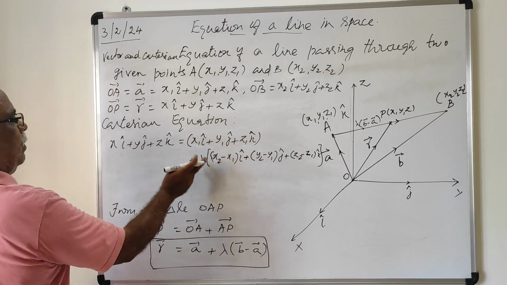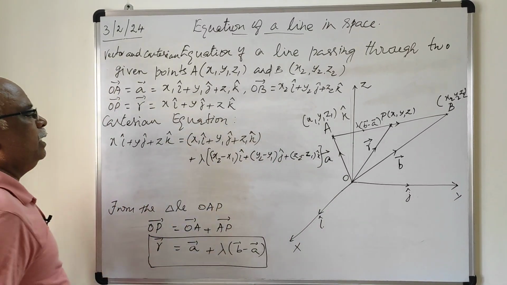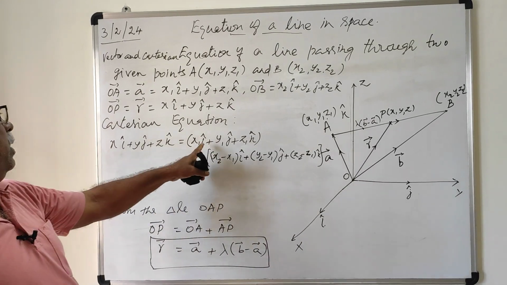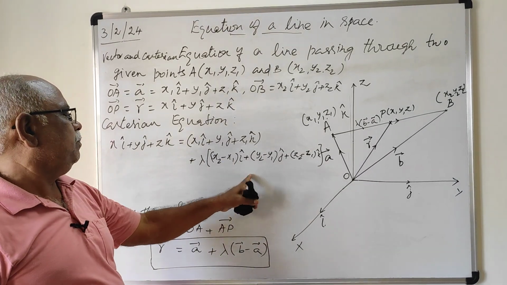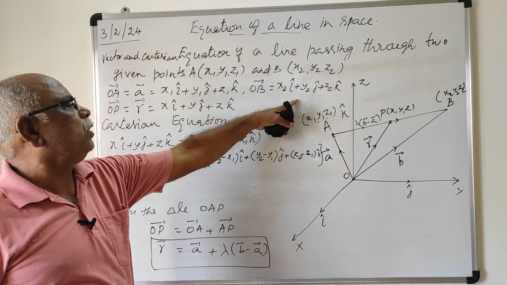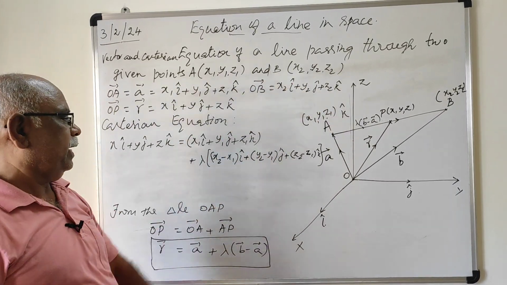So R vector equals A plus lambda times B minus A, where B minus A is (x2 minus x1)i plus (y2 minus y1)j plus (z2 minus z1)k.